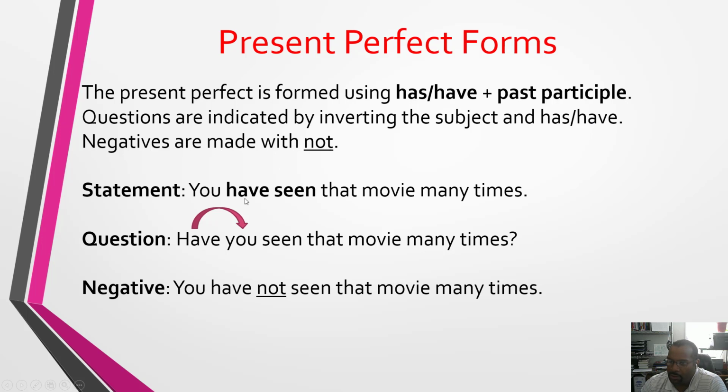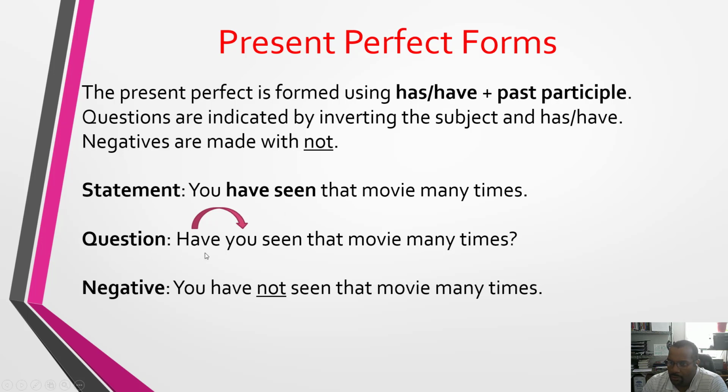Okay? So let's look at some examples here of the present perfect tense. A general statement. You have seen that movie many times. Have seen. Have plus the past participle of the word see. So that's seen. Okay? See, saw, seen.